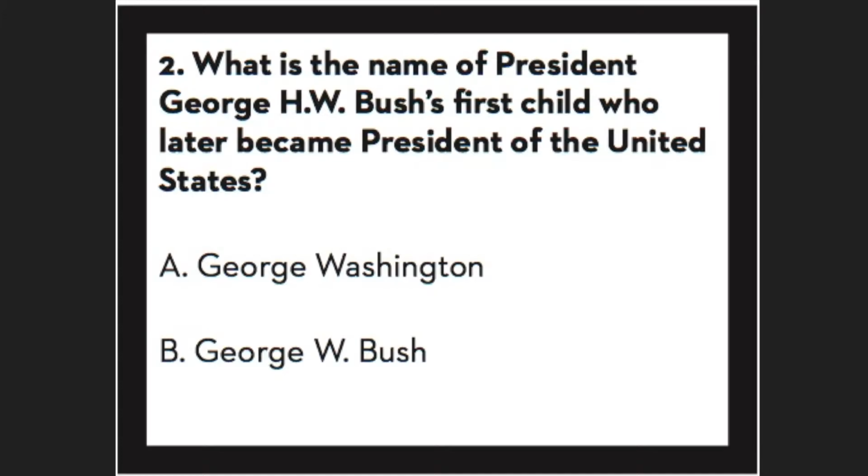What is the name of President George H.W. Bush's first child, who later became President of the United States? A. George Washington or B. George W. Bush? Feel free to use some context clues here to help you figure it out.